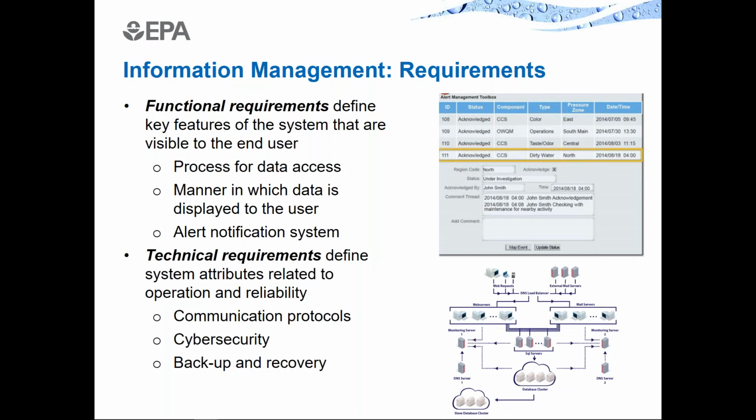Examples could include data communication protocols, cybersecurity features, and backup and recovery systems and protocols. And again, what we found is a set of well-crafted requirements is really important to selecting the best solution for the job.